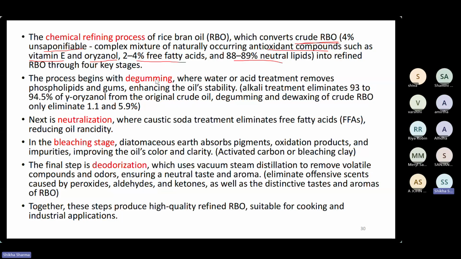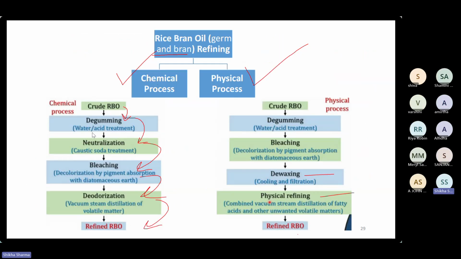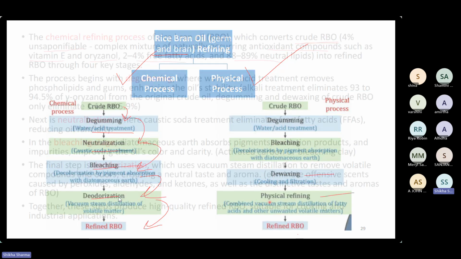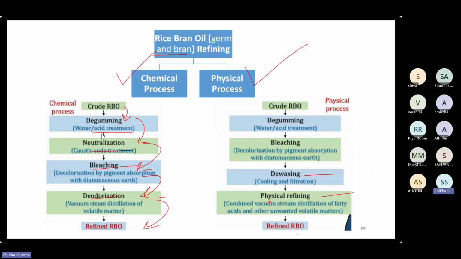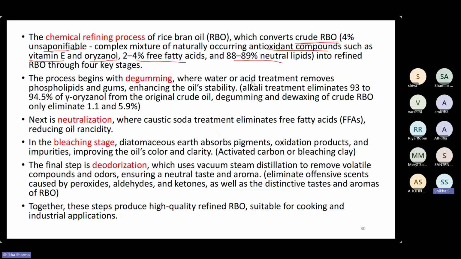When we are doing the chemical process, the steps are degumming, neutralization, bleaching, and deodorization. In the degumming process, we can do it with water and chemical treatment. So here, water or acid treatment is applied to remove the phospholipids and the gums, enhancing the oil's stability.